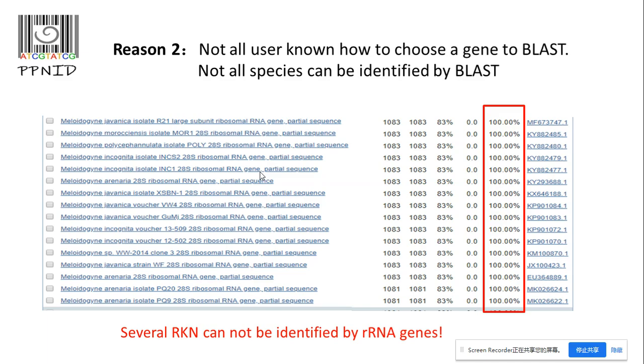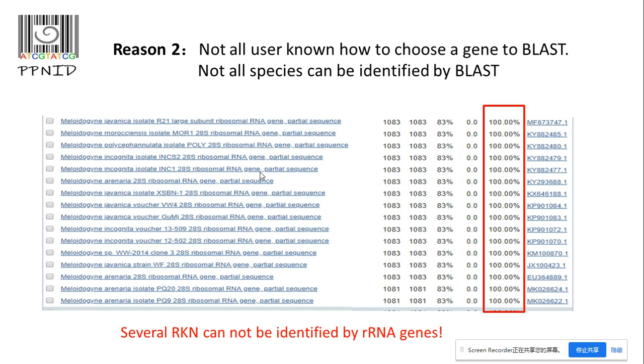This group of nematodes is usually very similar genetically. So if you use 28S, 18S, or ribosomal genes to BLAST them, usually you get 100% matching for several different species, so you don't know which one is your input sequence.